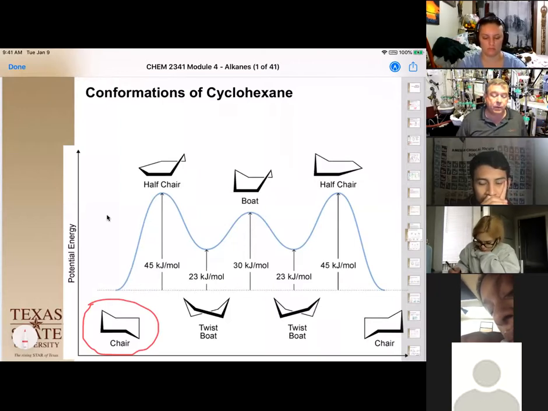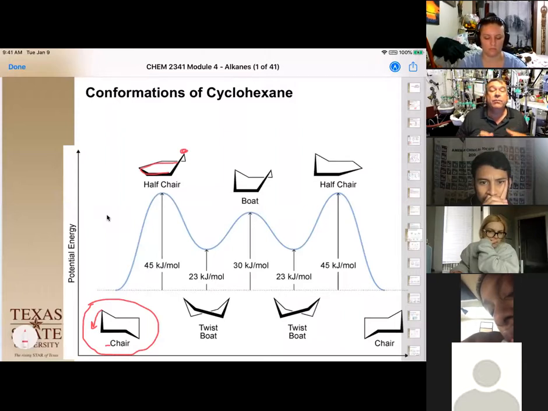Now, when we convert from one to the next, there's a high energy barrier. In going from the chair to the half chair, we have to pull down these 2 bonds, take them out, and turn 5 of these bonds into a flat plane, with only one of the carbons above that.